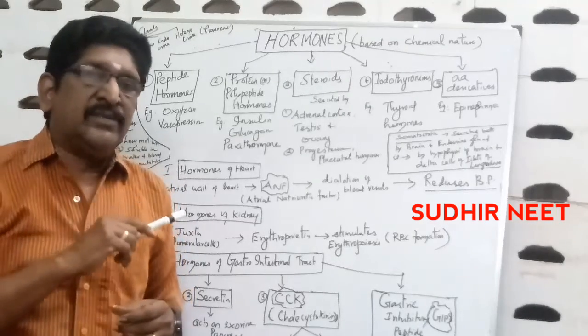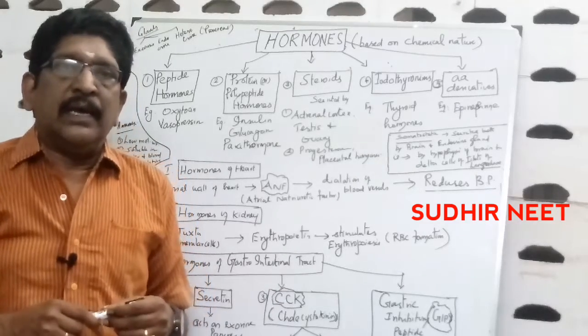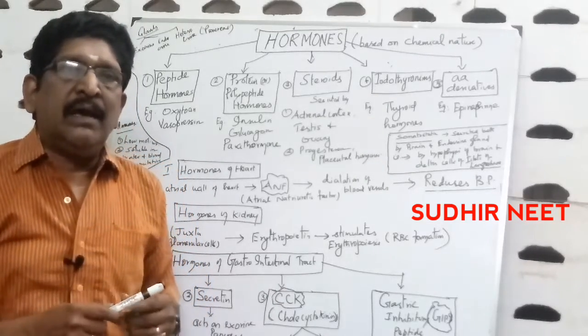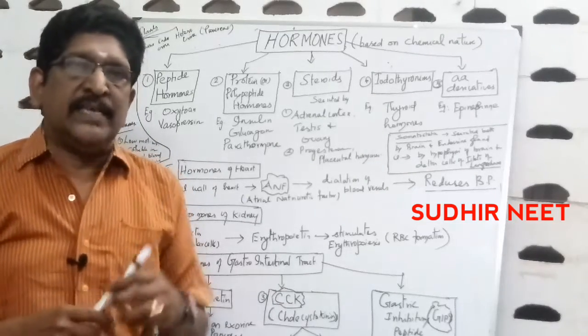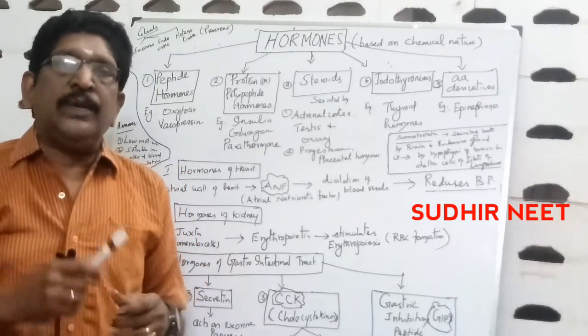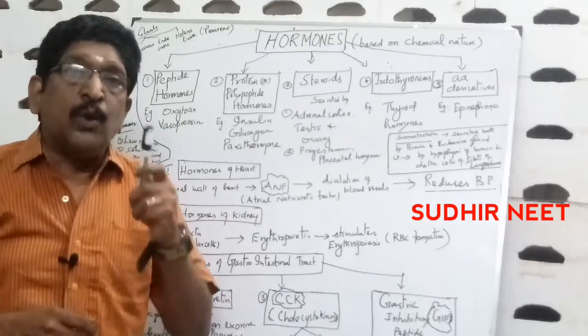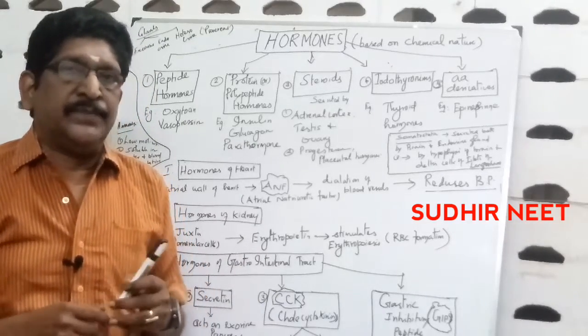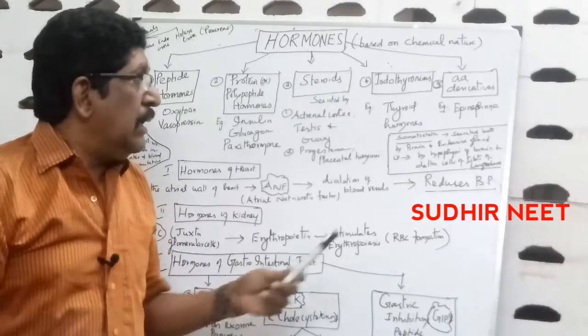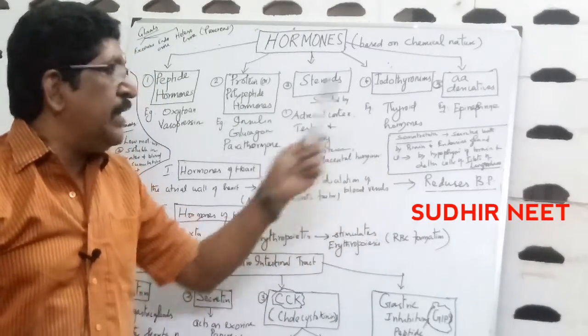It also contains islets of Langerhans. It contains alpha, beta and delta cells. Beta cells secrete insulin, alpha cells secrete glucagon, and delta cells secrete somatostatin.